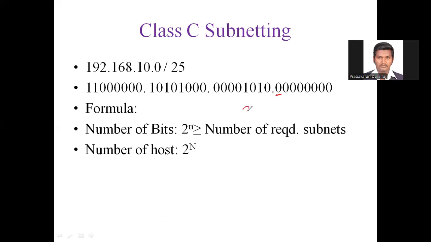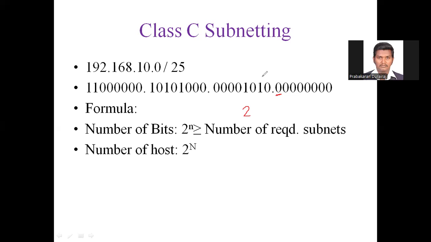I need only 2. So how many bits do I need to take? Some bits that would represent the host ID will instead represent the subnet ID.